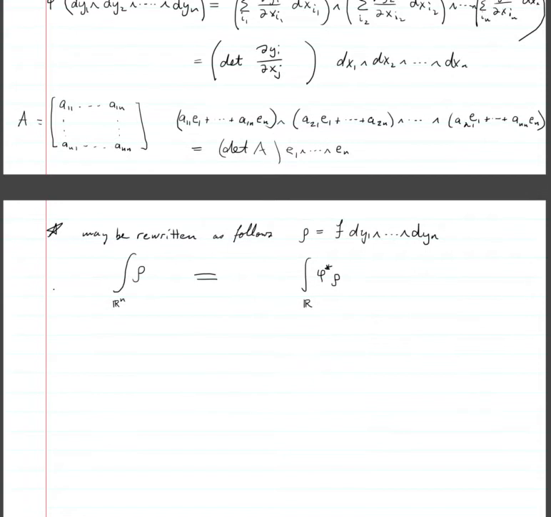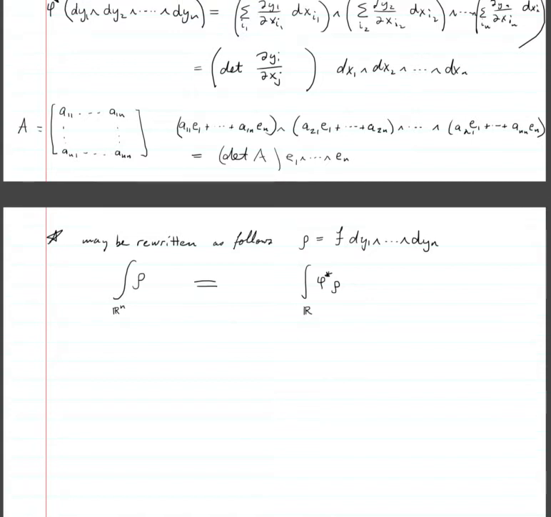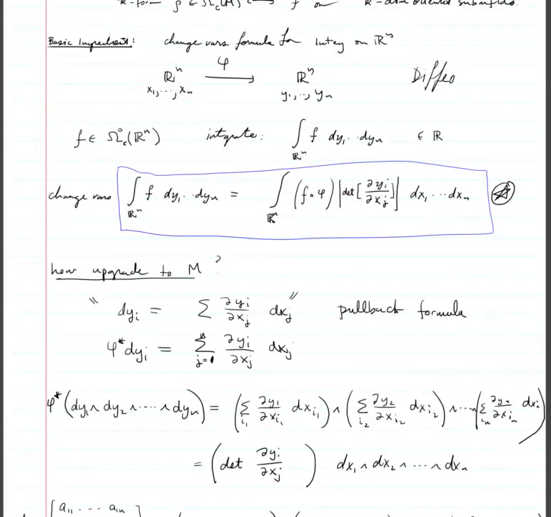The problem with this is that this takes into account all of what's happening here on the right-hand side, except for the fact that we have an absolute value.